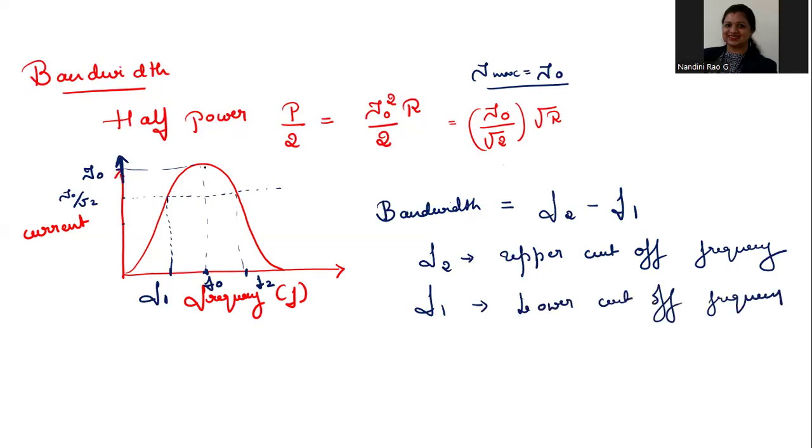And what did we observe from the graph? We observed current increases till the resonant point, then again it decreases. So F naught is the resonant frequency. If anybody asks you the definition, what you have to say: the frequency at which current is maximum.